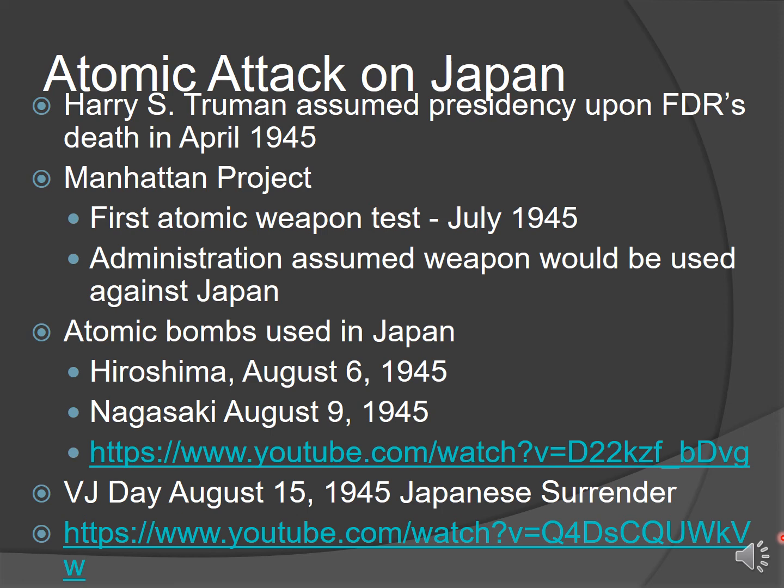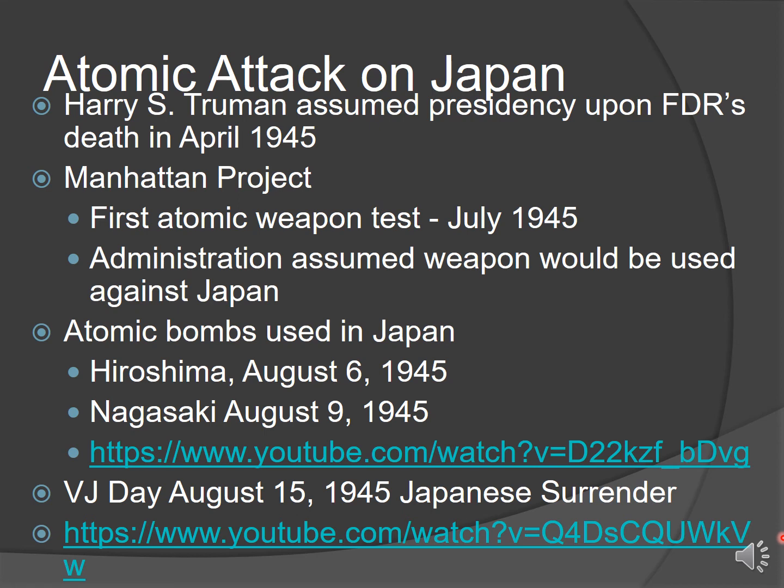So the first weapon is dropped on Hiroshima, August 6th of 1945. At the time that the weapon is dropped, nicknamed Little Boy, it was a uranium-based bomb, there were 280,000 civilians living in Hiroshima and about 40,000 soldiers stationed there.